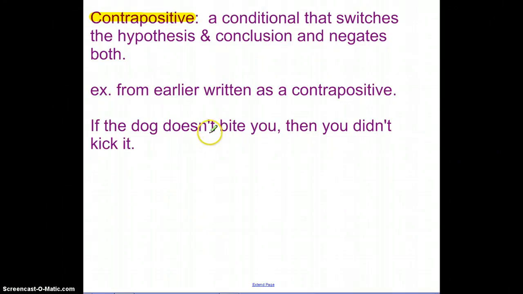So notice that it's does not now and didn't here. Now grammatically you may have to do some slight changes in what you're doing to make the sentence read grammatically correct. So you and your partner or someone else in class may write slightly different ways of writing it, I guess, but the meanings will be the same. That's going to be part of what we're going to work on today as well.